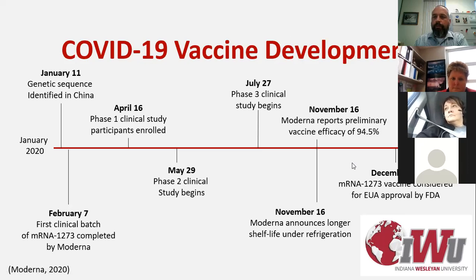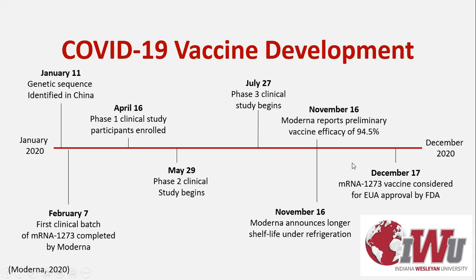And I do have one more date that's hiding behind a window here, so I'll collapse that. December 17th, yesterday, actually I should have updated this, the mRNA 1273 vaccine produced by Moderna was considered for emergency use authorization approval by the FDA, or by an advisory committee at the FDA.